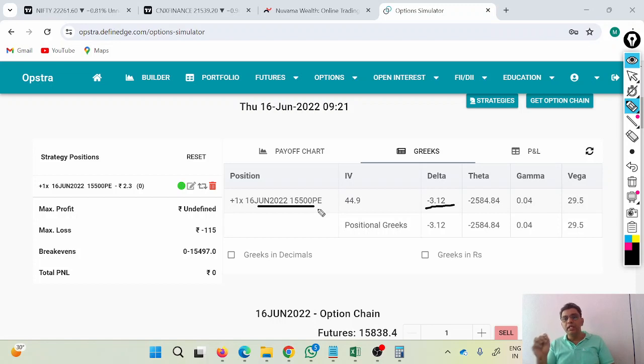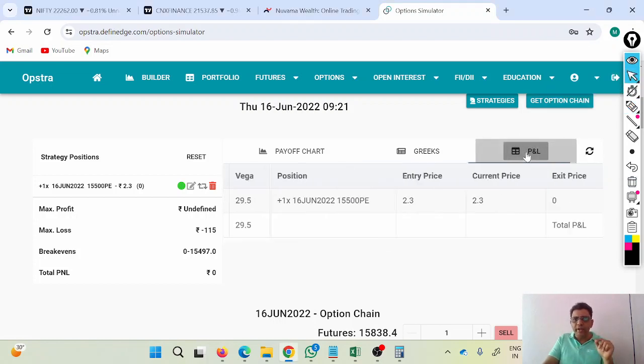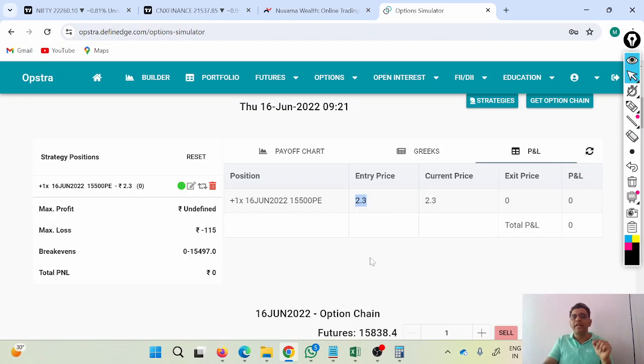So ideally, whatever I have bought at 2 rupees should become somewhere near 5 rupees whenever Nifty falls by 100 points. Then it will become 8 rupees whenever Nifty falls by 200 points. And it should become 11 rupees when Nifty falls by 300 points, and so on, if I am considering only the delta impact and not the gamma impact.